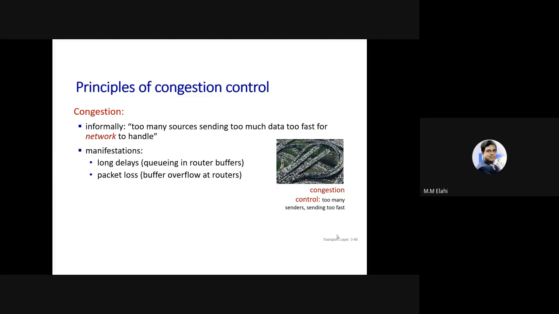Packets will be lined up in the queue. Where? Maybe in the intermediate routers. In the queue. Queue means memory. Then after some time, the memory will be full because memory is limited. Then what will happen? The extra packets will be lost because there is no space in the memory. It could be in any of the intermediate routers, so the packets do not reach the final receiving end.